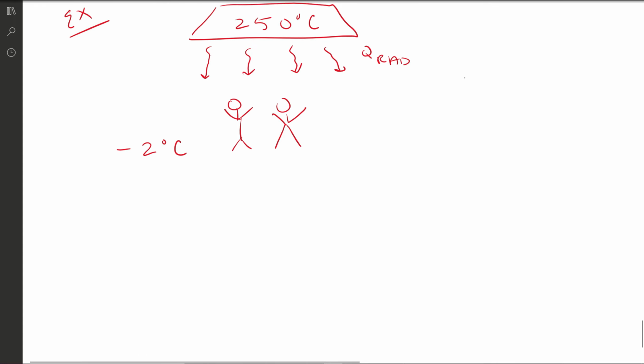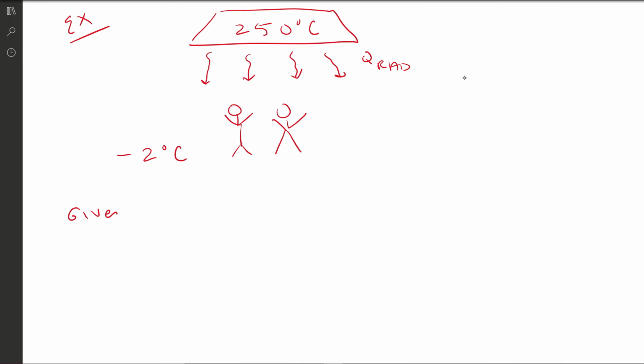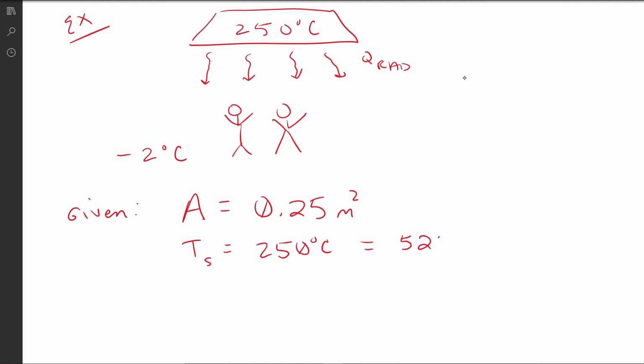All right, so we're given, either through the diagram or through the actual word problem, that the area is 0.25 meters squared. T sub S is equal to 250 degrees Celsius, which is about 523 Kelvin.